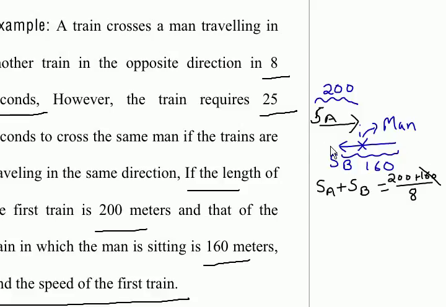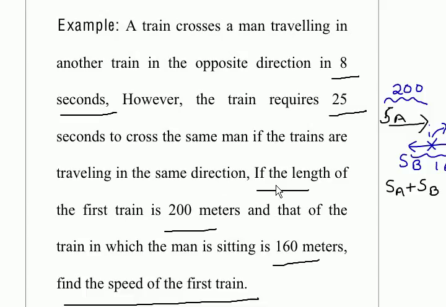In the latter case, the distance would be 200 plus 160, but here we're talking about the first train crossing a man, which is a single point. So the 160 is redundant, and the equation you get is speed of A plus speed of B is equal to 200 by 8.